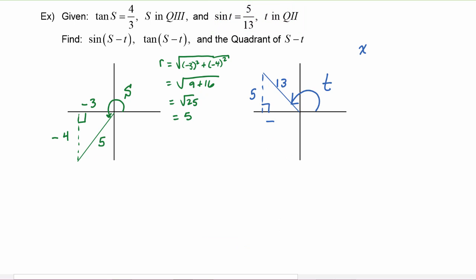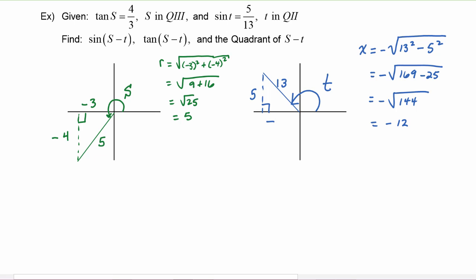To find x, we're going to set it equal to negative radical r squared, which is 13 squared, minus y squared, which is 5 squared. Or you can think of it as hypotenuse squared minus leg squared. This will be negative square root of 169 minus 25, which is negative radical 144, which is negative 12. So we know our x value is negative 12.